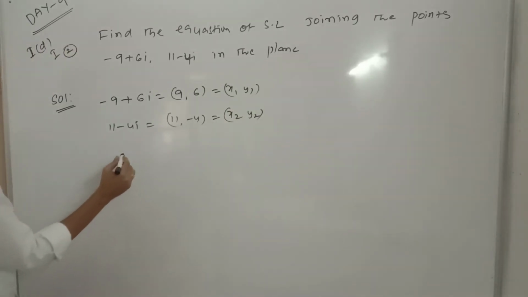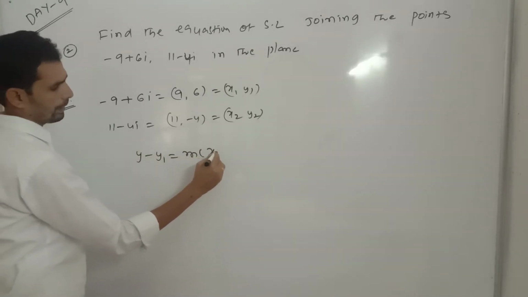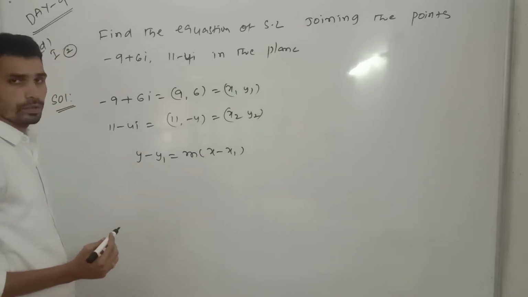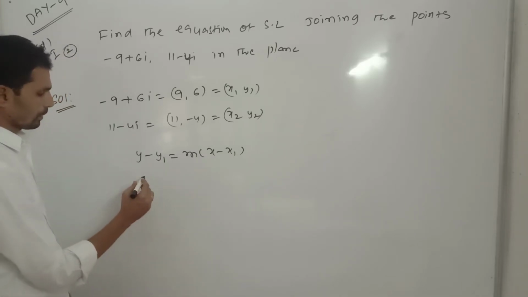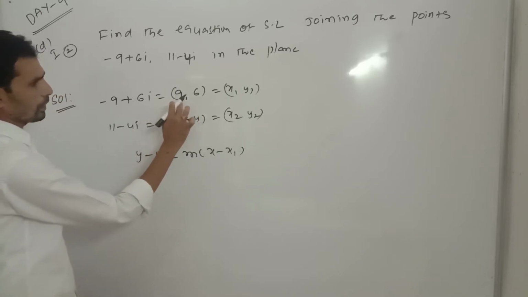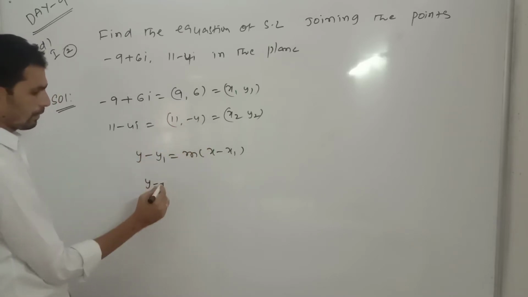What is the equation here? y minus y1 is equal to m into x minus x1, we already know. Substitute the values of x1, y1, x2, y2. The y1 value here is 6.